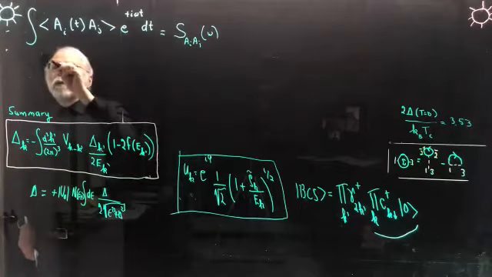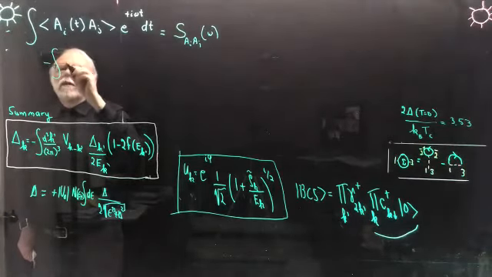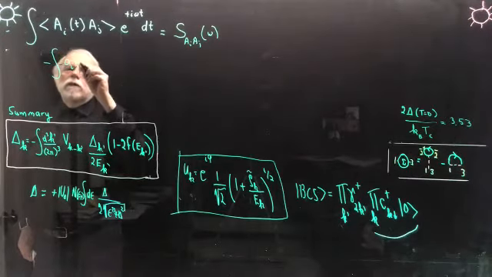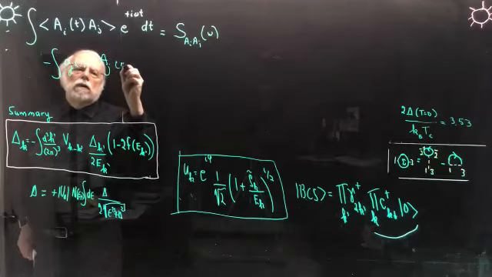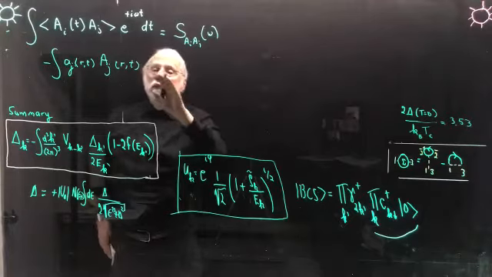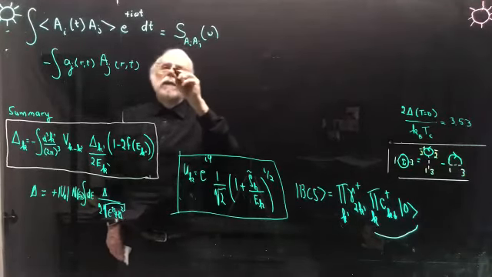Now, if we do linear response to some external field, let's call it little a_i, that's my external field, a function of r and t, and some operator like this, let's call it j of r and t. Then using linear response, I get a susceptibility.